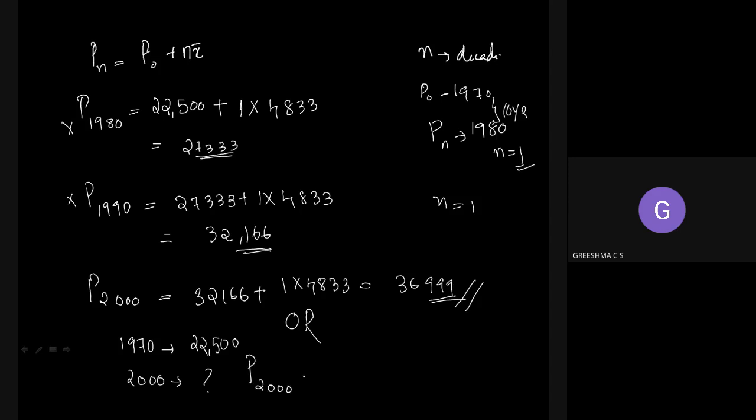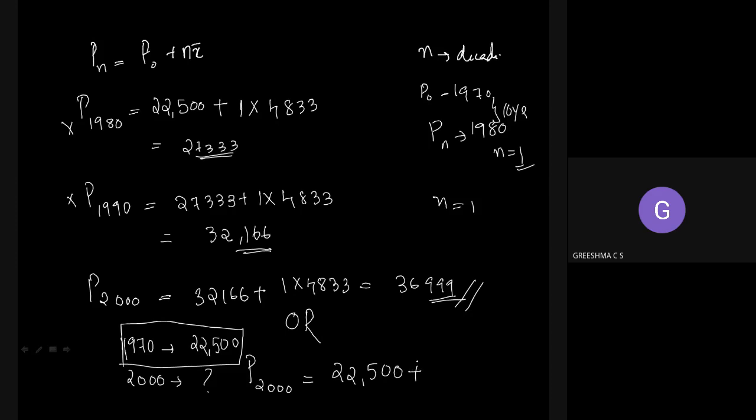Population for the year 2000 is equal to P0. The last available population is in the year 1970.